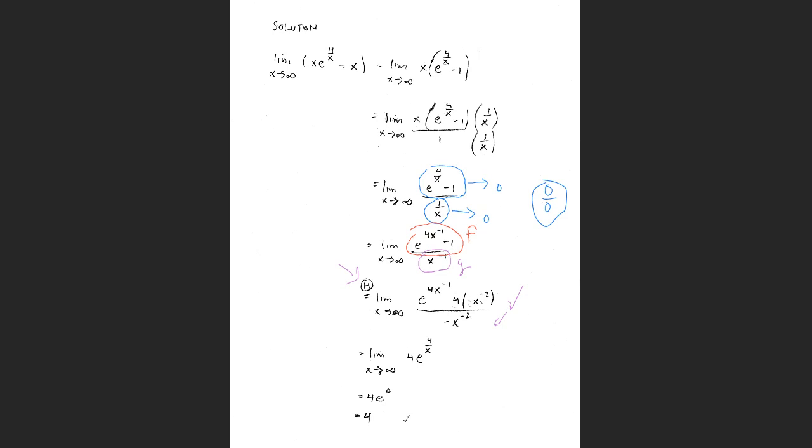So we'll get then a simplification here, and the limit as x approaches infinity of 4 times e to the 4 over x. It's just 4 times e to the 0. And so you will get 4. You'll get 4.